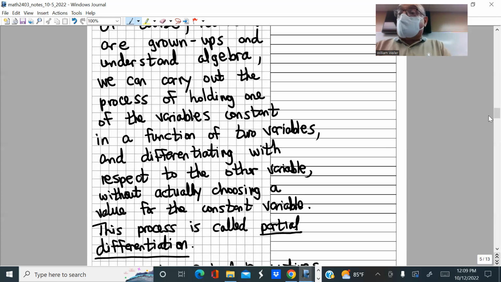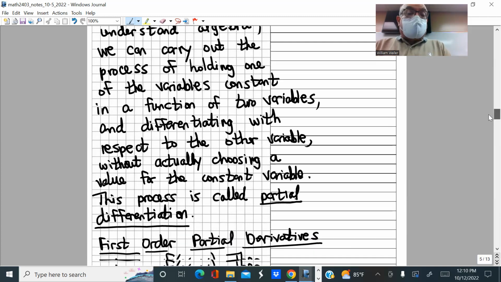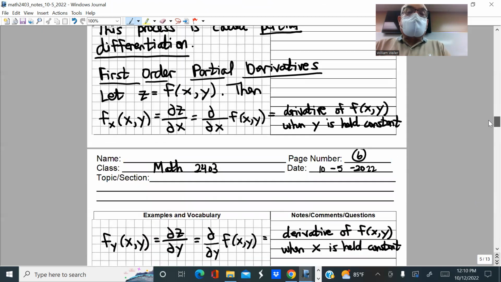So this process is called partial differentiation. That's exactly what we were doing in those previous examples, except now when we think of holding y constant or holding x constant, we're not going to choose a particular value for y or for x.